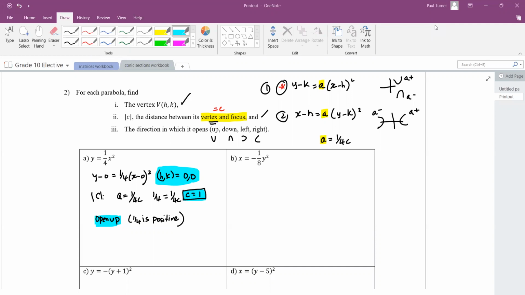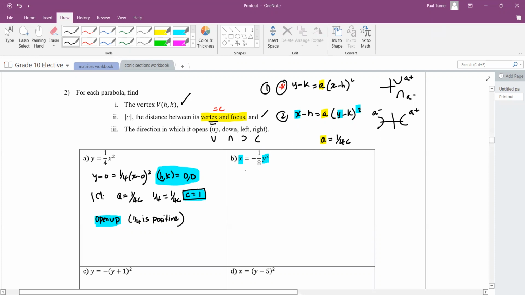Similarly, we can do the same for question b. But notice how now we have x on the left side and we have a y squared. So it's looking like we have form 2 here, where we have x and then we have a y squared in here. So we'll use this form number 2.